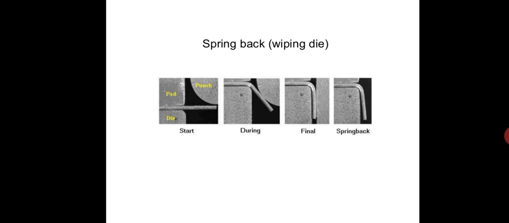This is a diagram for the spring back in a wiping die. The sheet metal is bent by using the punch. As the final bend is made, the last picture shows the spring back effect of the material.